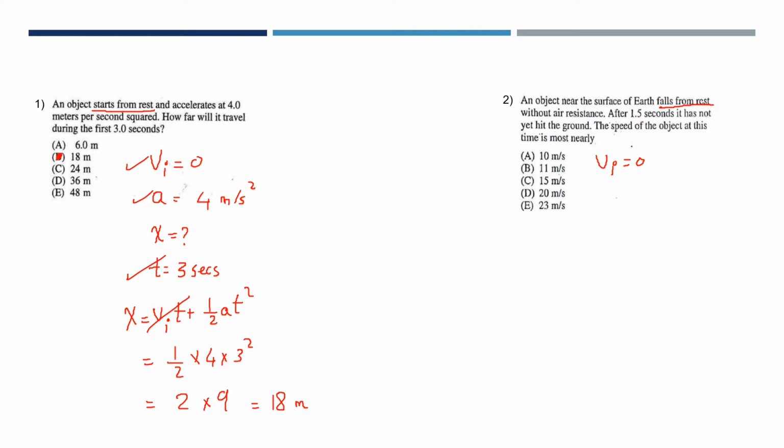After 1.5 seconds, so we have a time of 1.5 seconds, it has not yet hit the ground. The speed of the object at this time is most nearly, so we would like to find the final velocity after 1.5 seconds. Now you have just 2 given physical quantities. There is one missing. Can you figure it out?